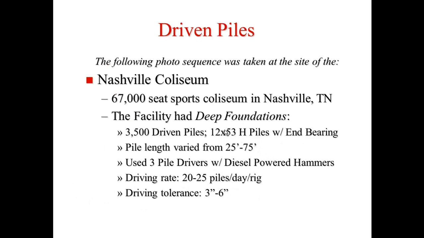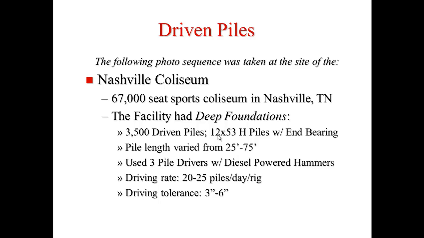Now this following photo sequence was taken at the site of the Nashville Coliseum, 67,000 seats, which had deep foundations, so it's got 3,500 driven piles. They're 12 by 53 H piles. The 12 indicates the size of the steel from flange to flange, top to bottom, or the height of the steel.